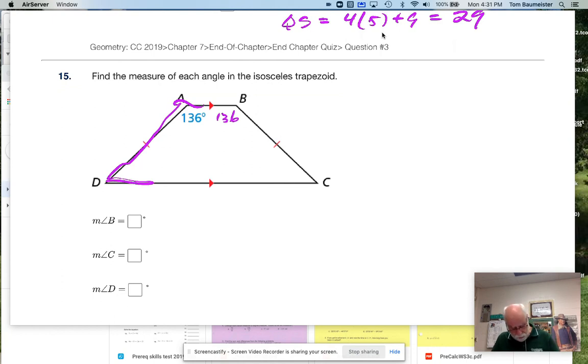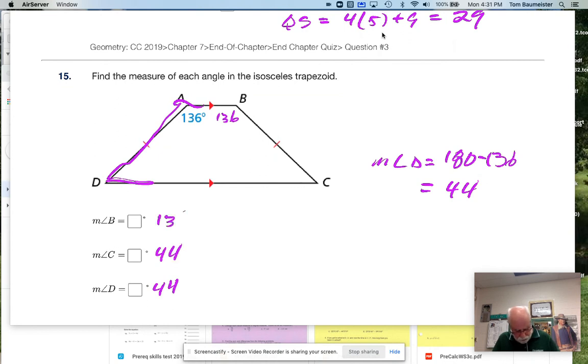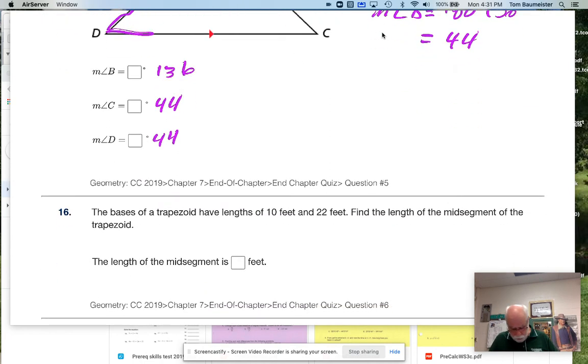So if the measure of angle D is equal to 180 minus 136, excuse me, and we'll get that the measure of angle D is equal to 44. So if D is 44, then C also has to be 44, and I just told you that B was 136. And again, just as a quick check, if you wanted to, they should add up to 360 degrees.